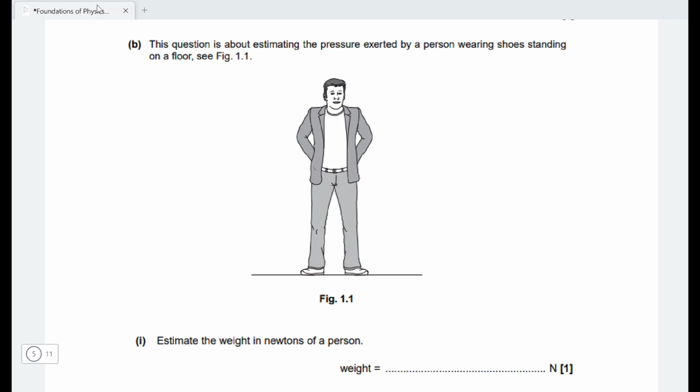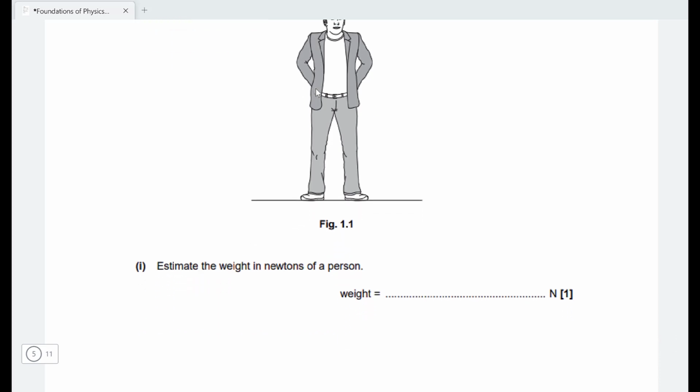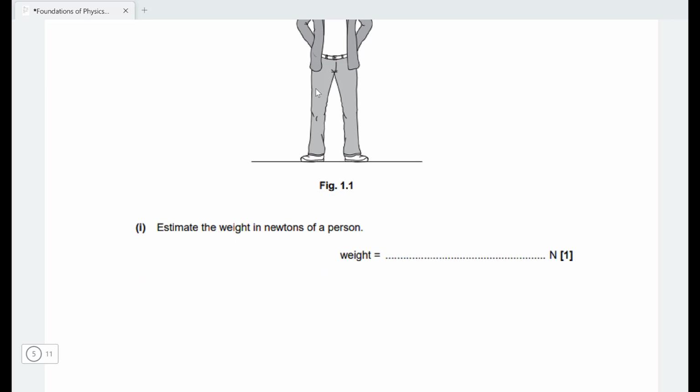Okay, next one. This question is about estimating the pressure exerted by a person wearing shoes standing on the floor. Estimate the weight of the person in newtons. So weight is equal to mg. So let's say a person weighs about 70 kilograms times 9.81, which is going to give me about 687 newtons.